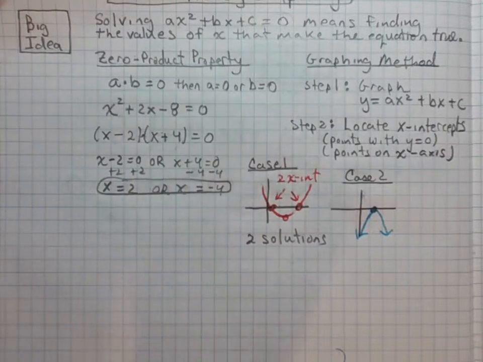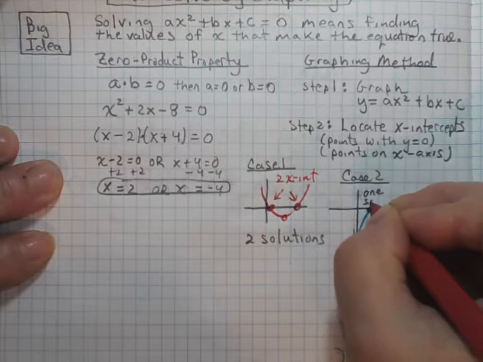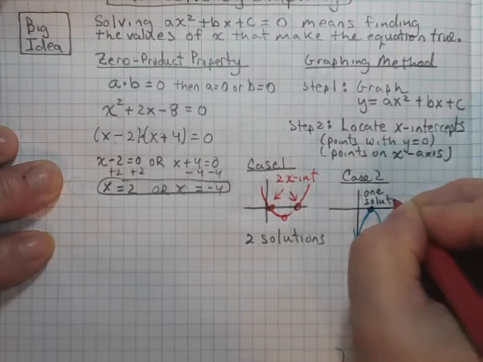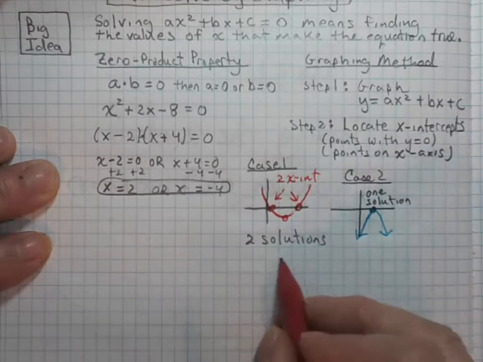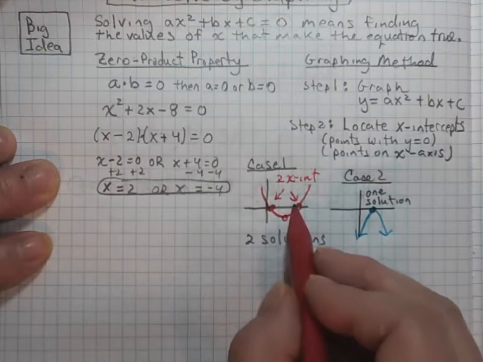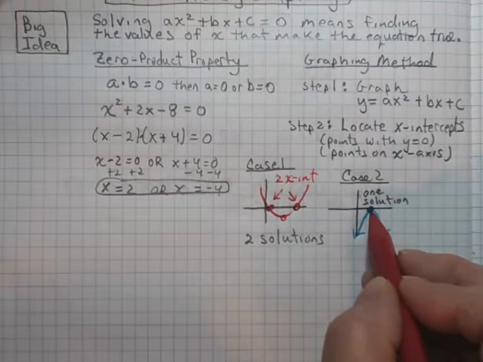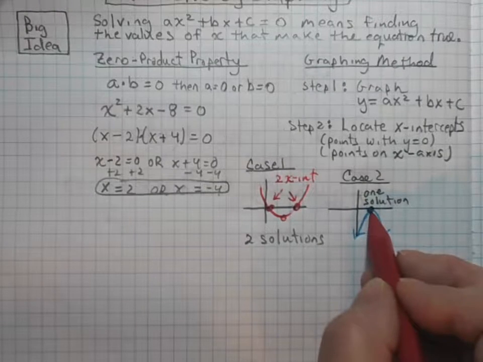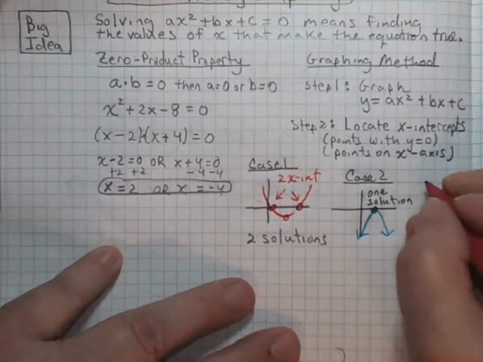So this has exactly 1 solution. And so far we have two x-intercepts, 2 solutions. It sits on the x-axis, so there's only 1 point on the graph that is an x-intercept, so there's only 1 solution to the quadratic equation.